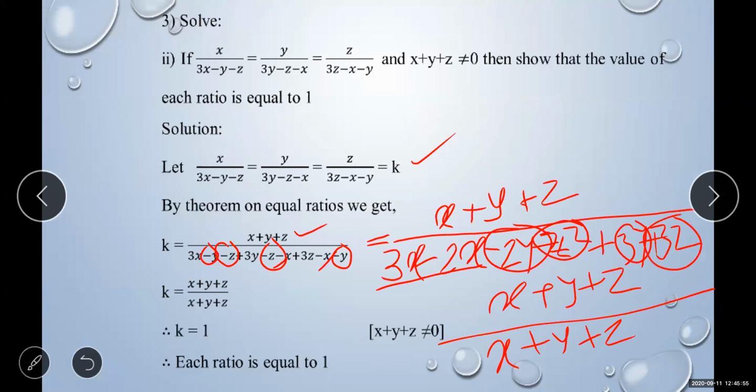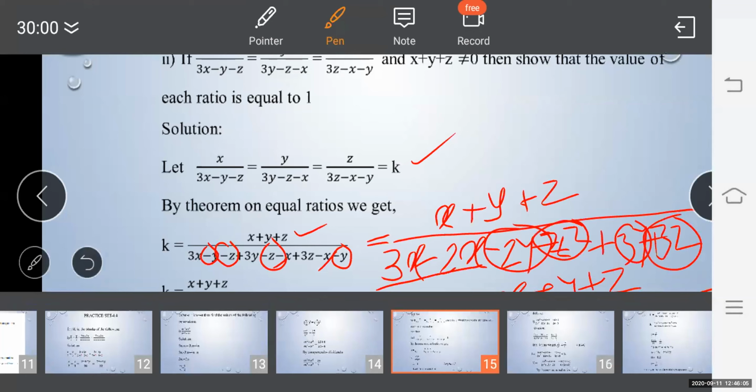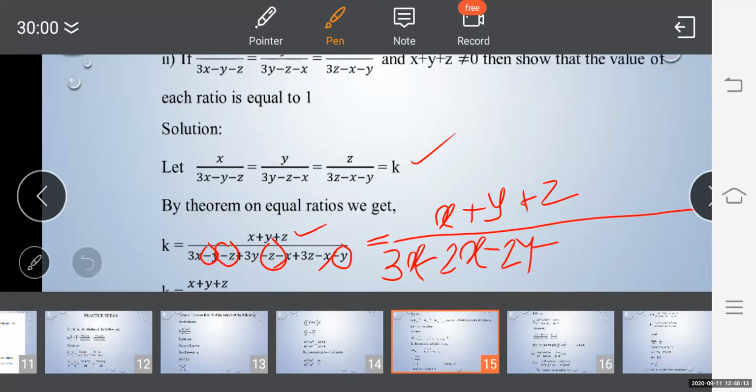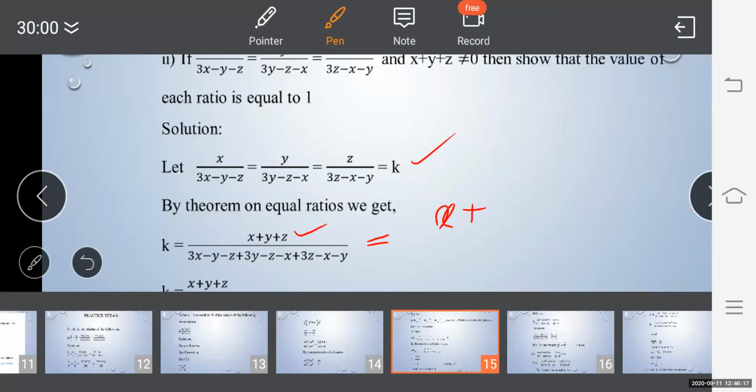If you cut them, you got the answer 1. Understood? This is very much simple. If you are taking it hardly, it looks very much hard. I think the questions on equal ratio are very much simple.